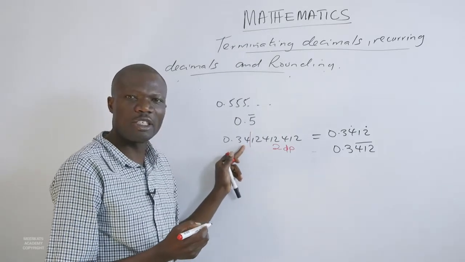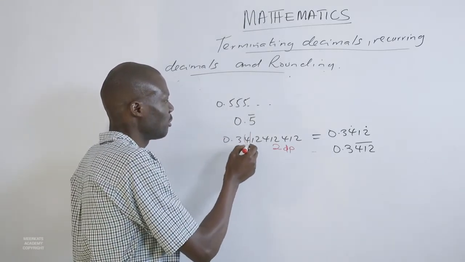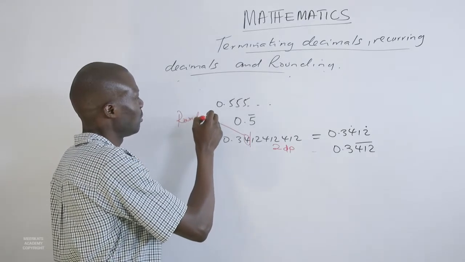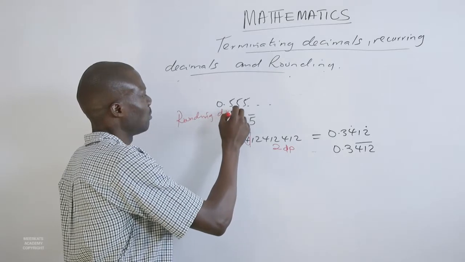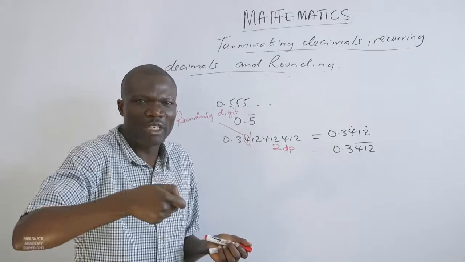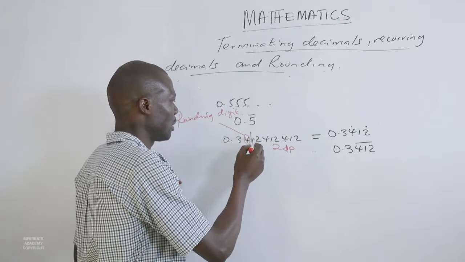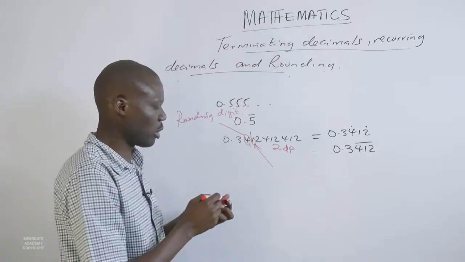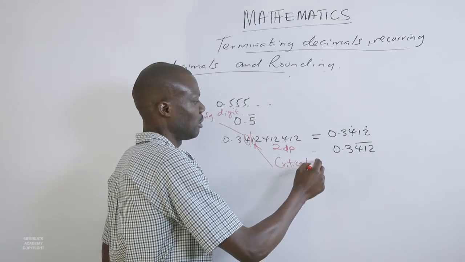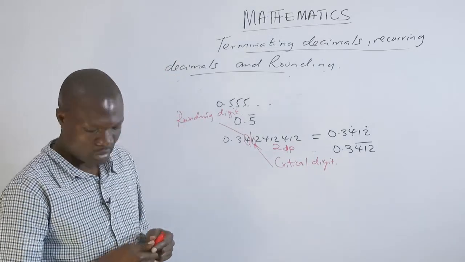That second digit is what we call the rounding digit. So for this case, 4 is our rounding digit. The digit that comes immediately after the rounding digit, we call the critical digit. In this case, it is that 1.